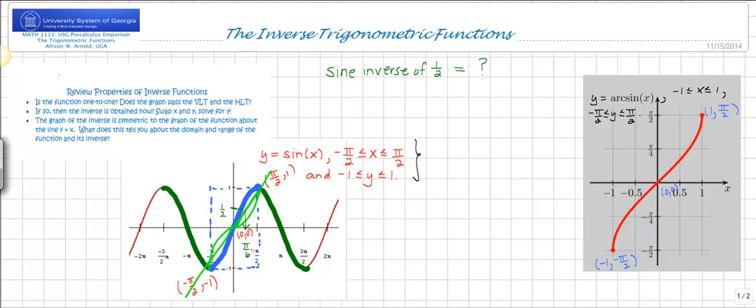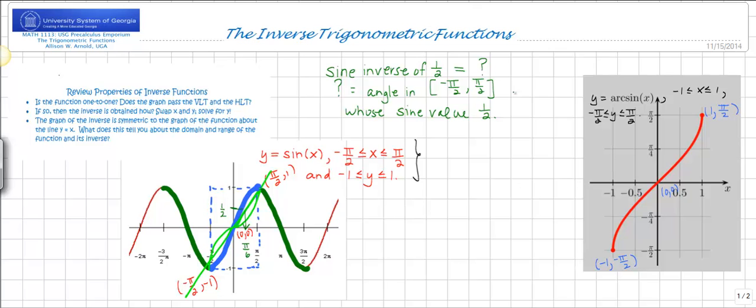That would be my only option in this window. So the question mark here is the angle in the interval that we have chosen whose sine value is 1/2. So you have to be willing to go back and forth here to work with these.